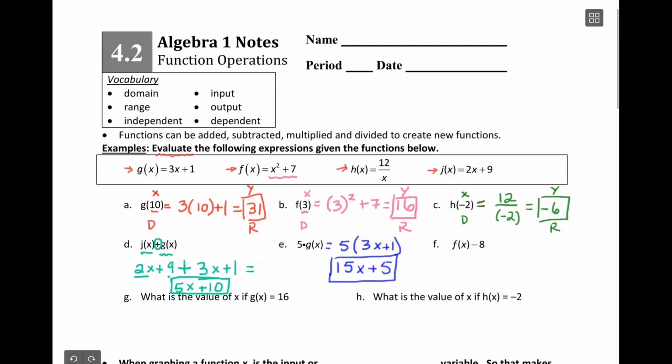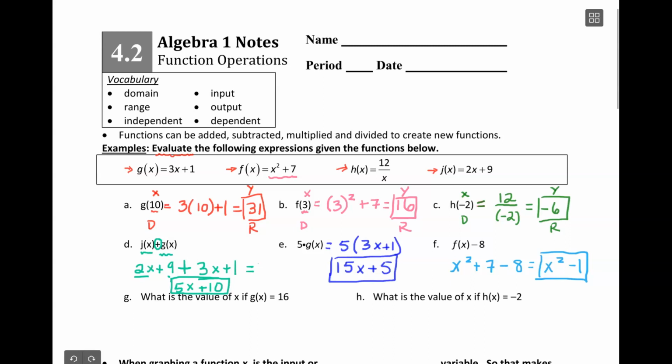And our last example, we're going to subtract an 8 from function f. So we've got x squared plus 7 minus 8, which would give us x squared minus 1. All right, I'm going to pause there and see if you have any questions so far before we jump into our final example for this video.